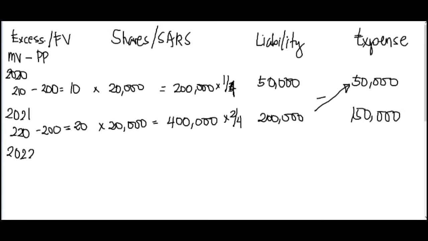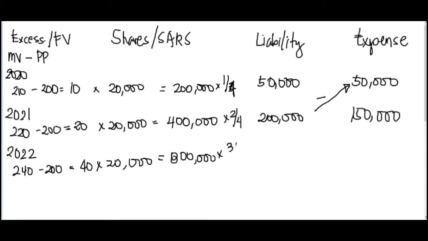Okay? So, are we clear? Okay, next, 2022. So, na 2022, again, market value 240, predetermined price 200 equals 40 times 20,000. Okay, you have 800,000 times the magic for 3 years over 4. Kasi 3 years ang lumipas. You have total liability of 600,000. Okay.